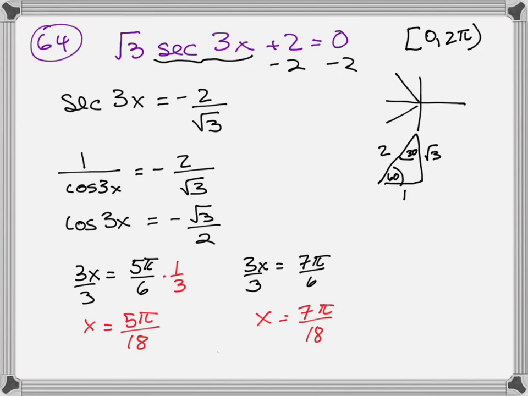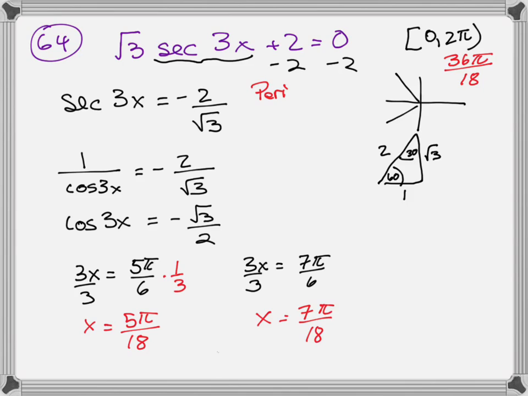Since our denominator is 18, 2 times 18 is 36, so we're really looking at 36 pi over 18 as being our maximum value. We don't want to go past. We also have to look at the period.